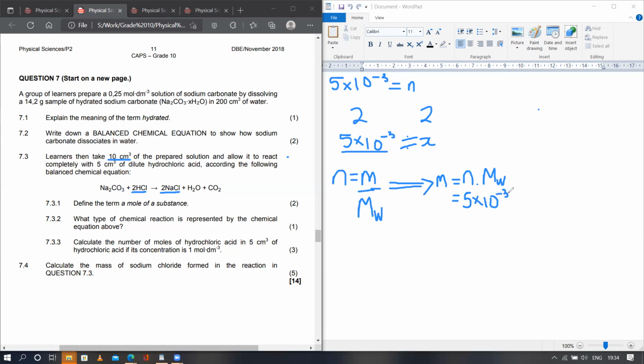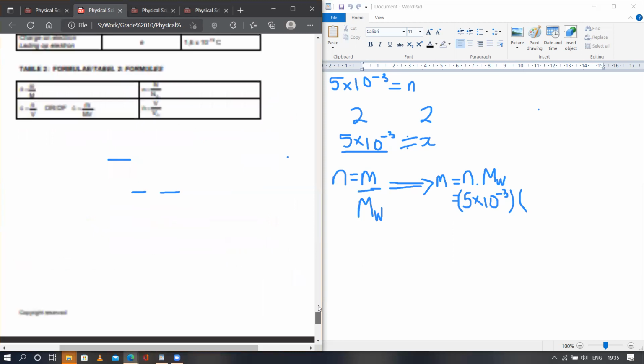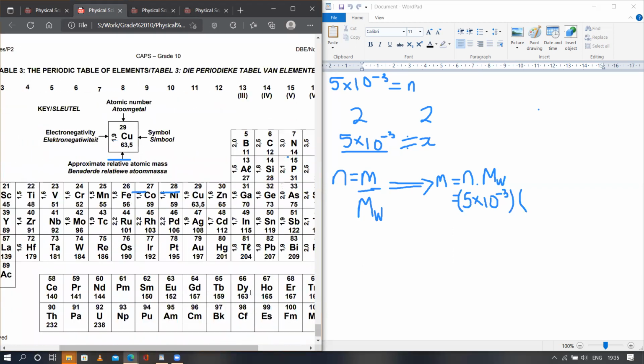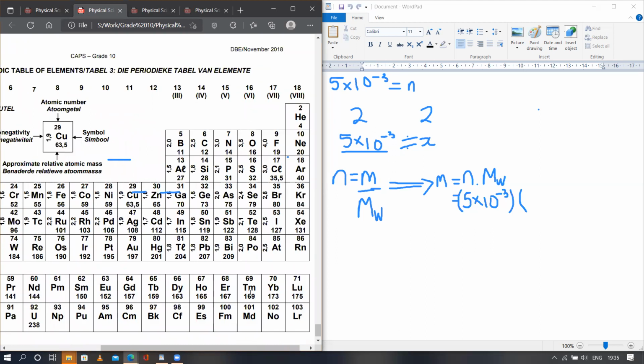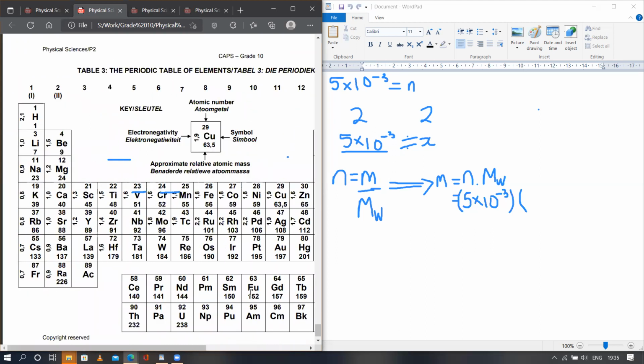So do you have a periodic table with you? Can you get the molar mass of sodium chloride? So chlorine is 35.5 and sodium is 23. That is gonna be 58.5. So here you're gonna have your 58.5.